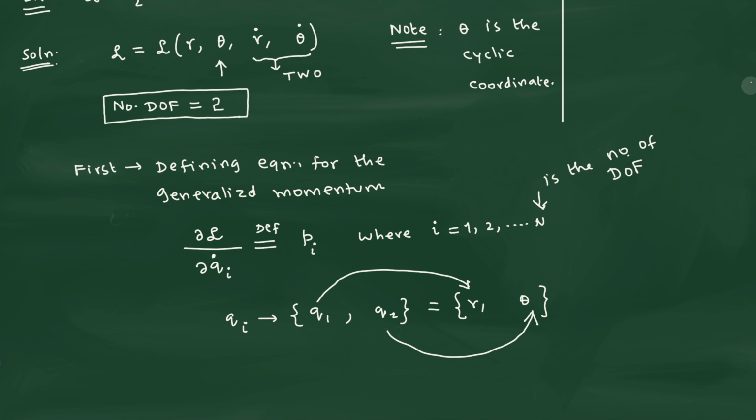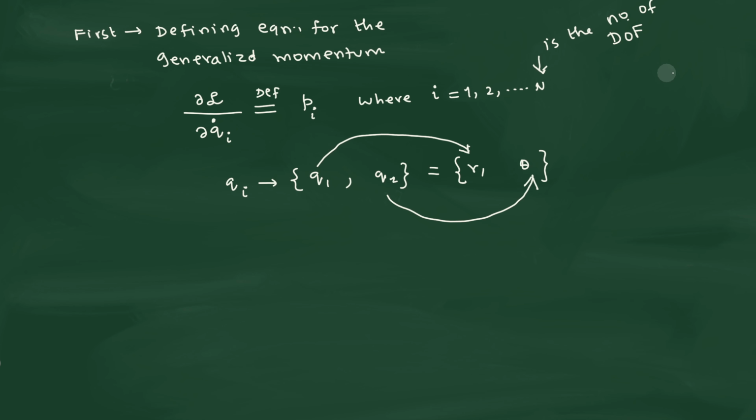Once these symbols are clear, you will feel more comfortable solving the problem. Similarly, the corresponding pi also you'll have to write down correctly. Pi means the momentum, so you'll have to write p. Here you have to be careful: p1, comma, p2. What are this 1 and this 2? 1 means r, and therefore you write pr.